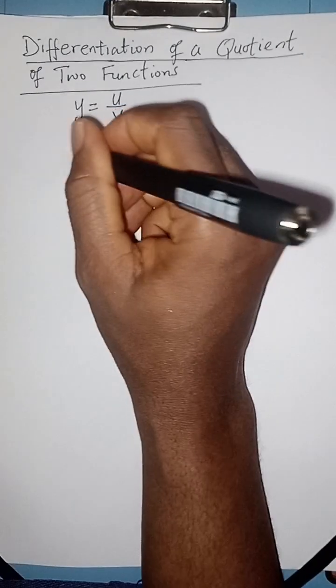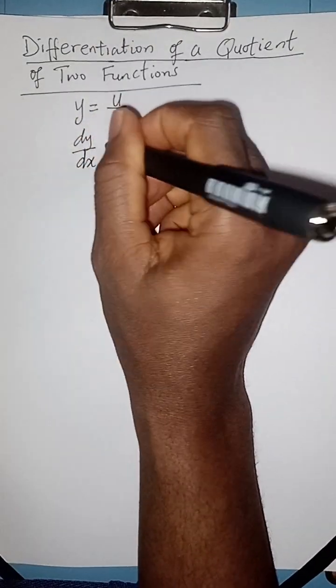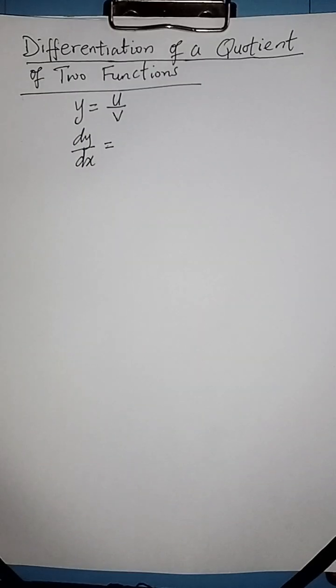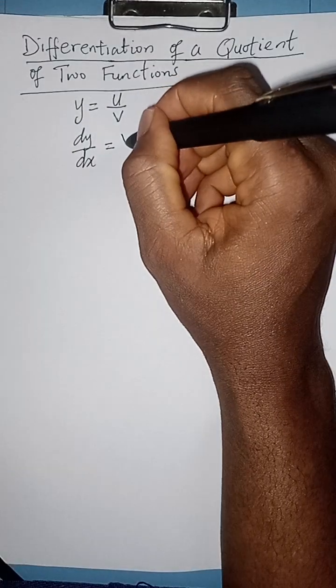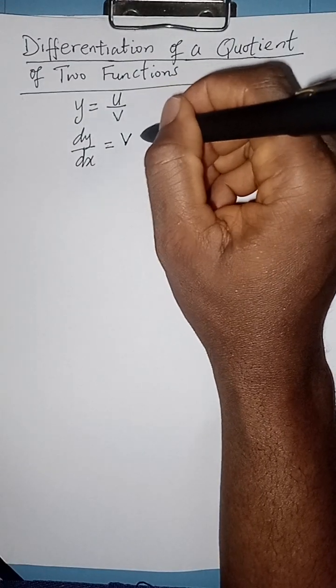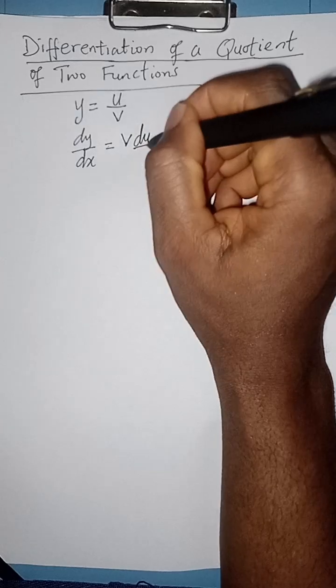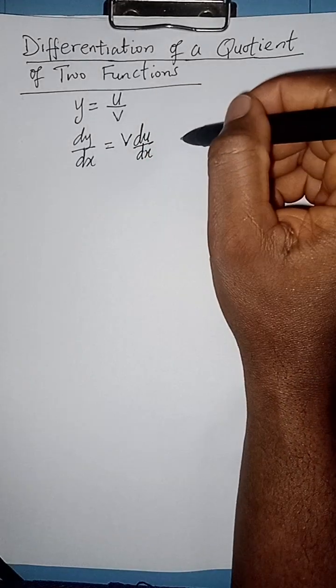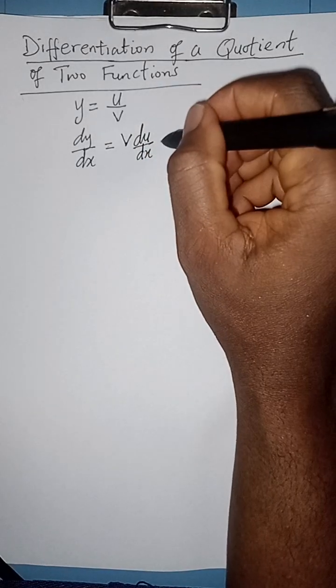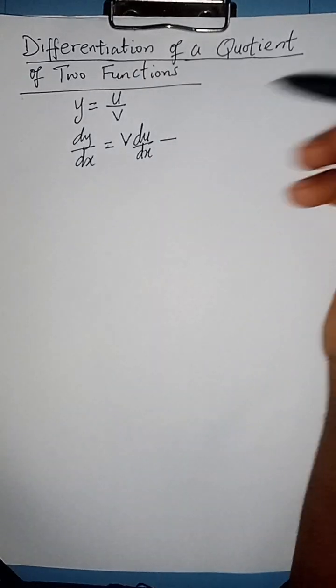dy/dx. Now recall, alphabetically, your u comes before your v. So this means you're going to differentiate the u first, so you keep the v constant and differentiate u, du/dx. Because it's quotient, that means you're dividing, it takes the minus sign.